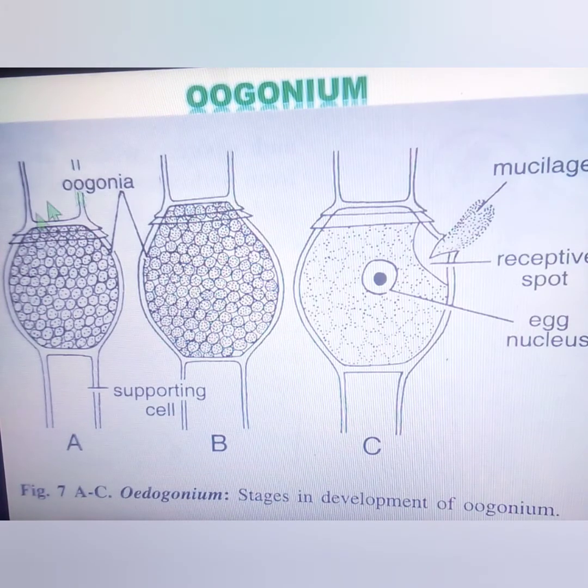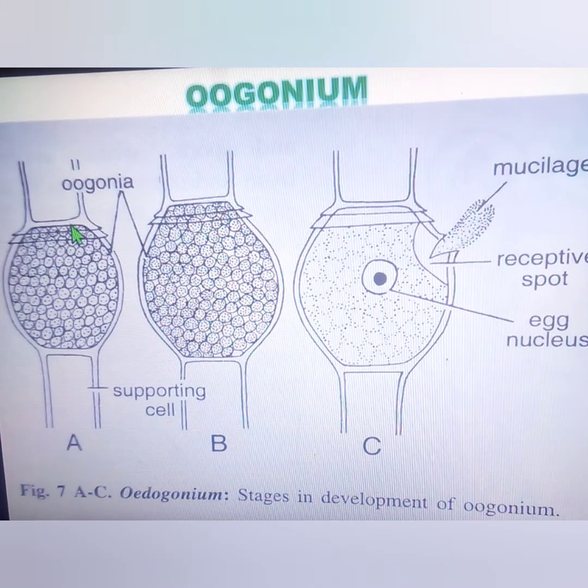Any cell in the filament, any vegetative cell which has the apical cap, like in this case, you can see this cell has two apical caps. So any cell with the apical cap may function as the oogonial mother cell. So this acts as the oogonial mother cell in sexual reproduction.